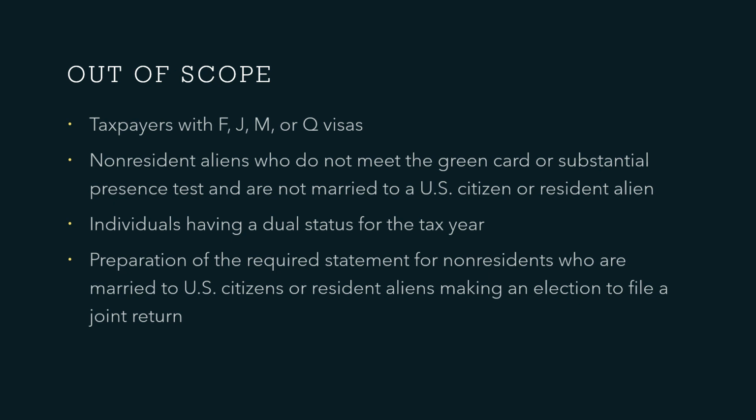And then, of course, as we discussed before, the required statement for the non-residents who are married to a U.S. citizen or resident, and they're on that first year making that election to file a joint return, we can't do the statement for that.